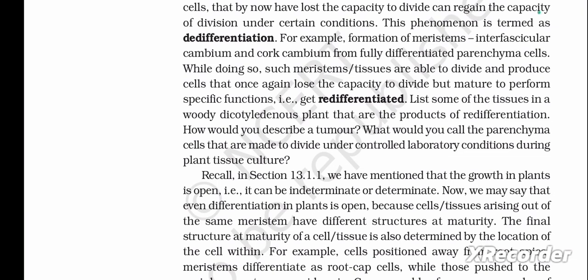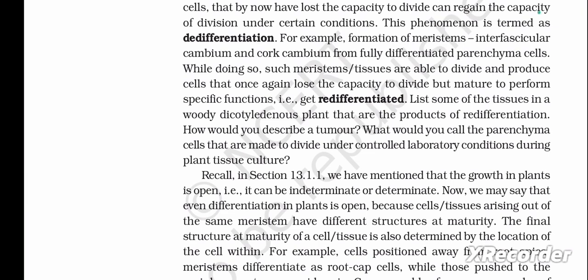Recall in section 13.1.1, we have mentioned that the growth in plants is open, that is, it can be indeterminate or determinate. Now, we may say that even differentiation in plants is open because cells or tissues arising out of the same meristem have different structures at maturity.